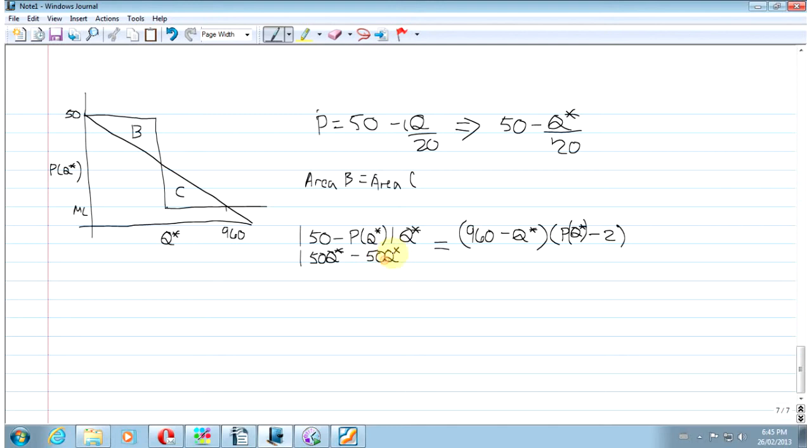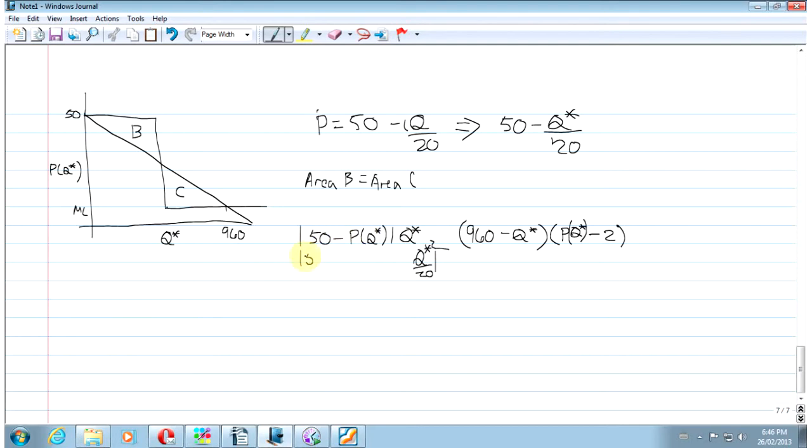And you'll see that when I multiply the Q star through there again, I get minus 50 Q again, so these can just cancel out, and I'm left with just this positive Q star squared over 20.